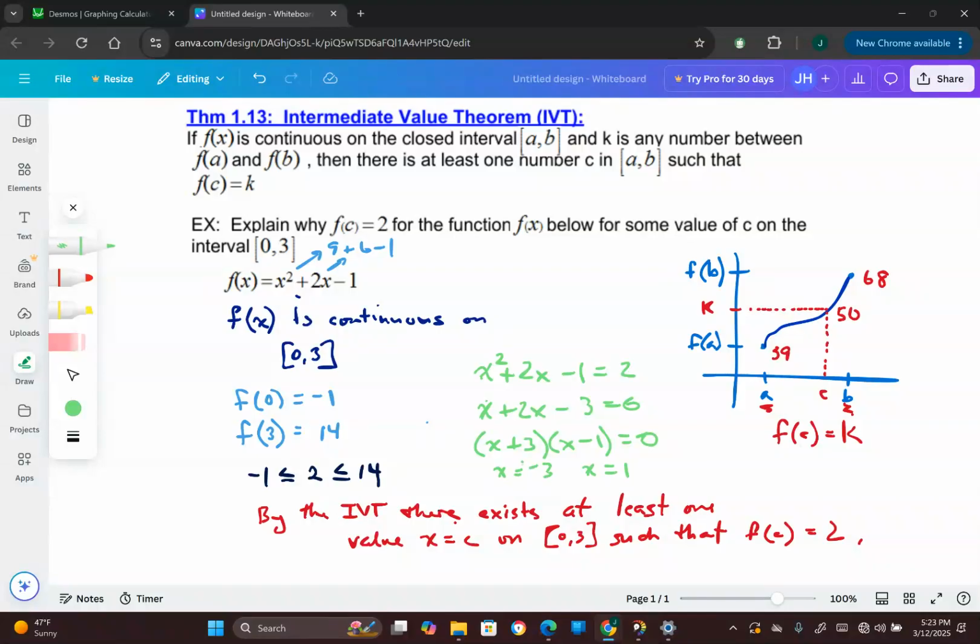Now, x equals negative 3 cannot be my value of c because it's not on my interval. X equals 1 is that value of c that I found on that closed interval, where f of 1 would equal 2. Now, this is actually finding the value. The rest of everything I did over here is proving that that number actually exists.